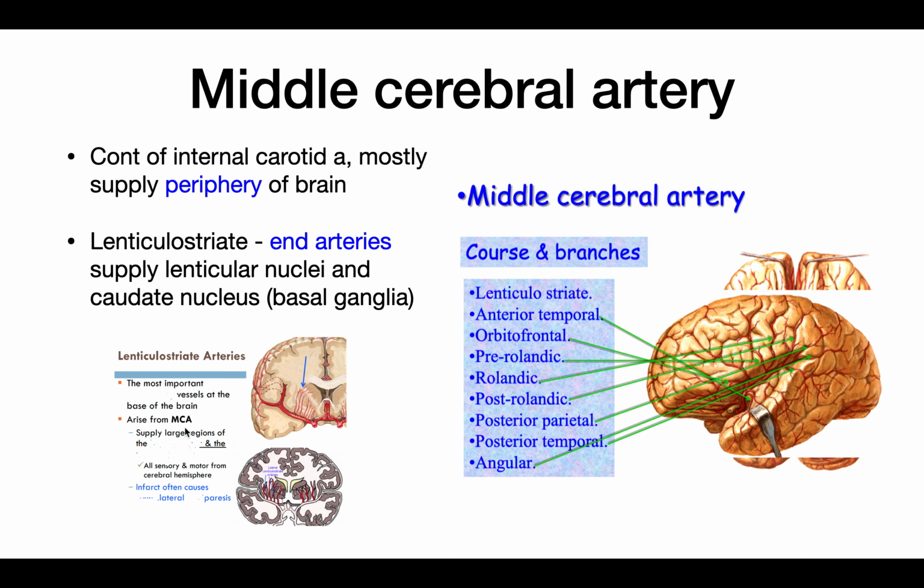They are the most important vessels at the base of the brain, because there are a lot of important tracts and structures there that need a lot of blood supply, such as the cerebellum and the pons and the medulla. Infarctions in these areas will usually cause a contralateral hemiparesis.